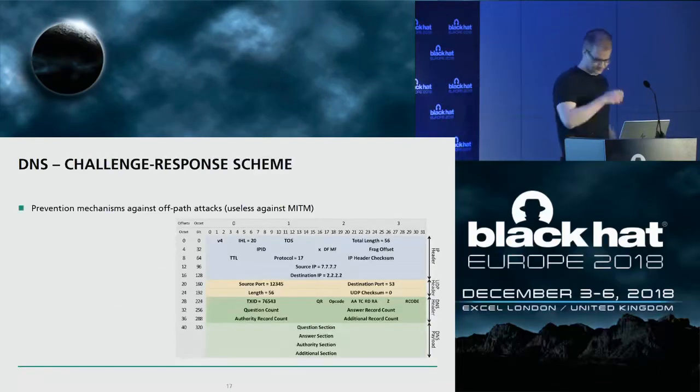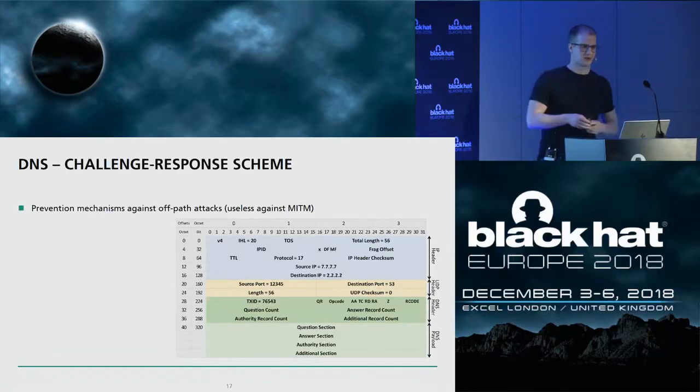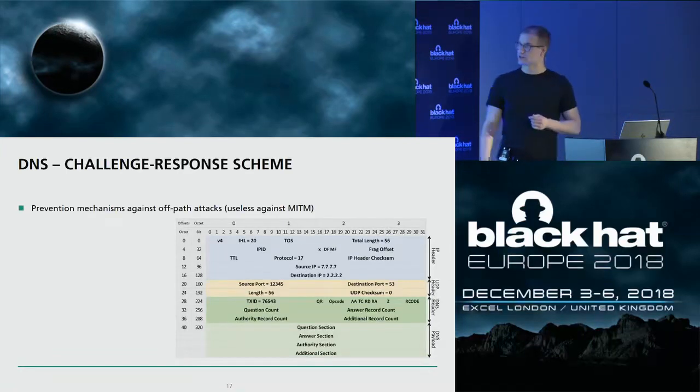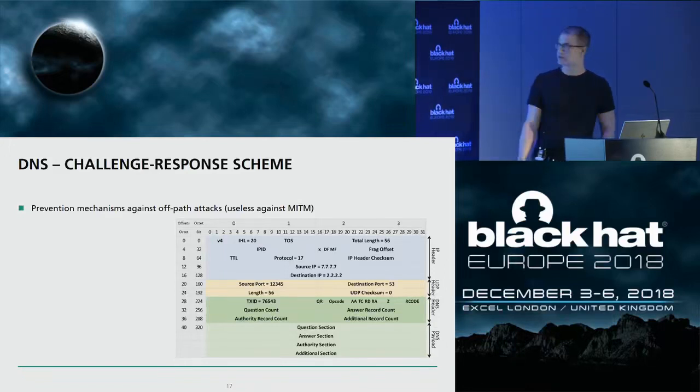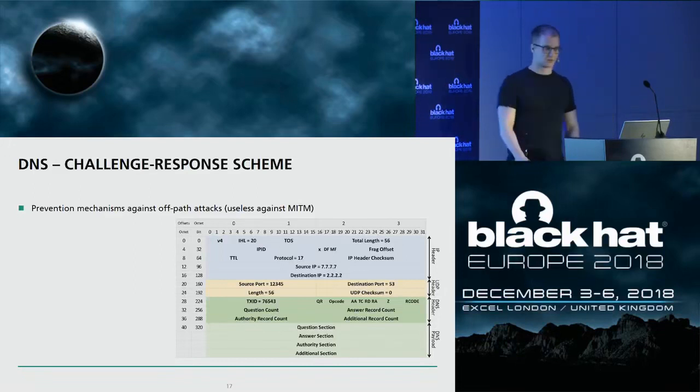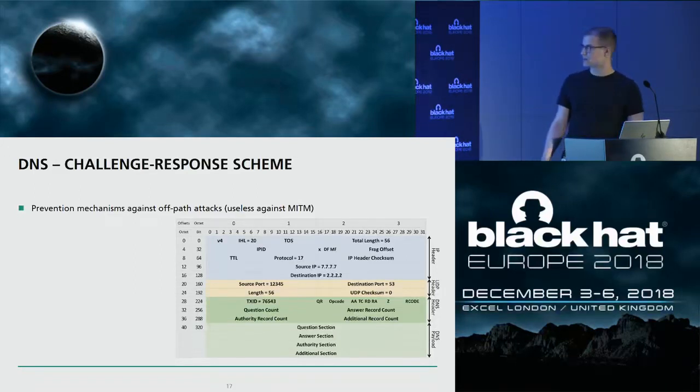To prevent that, there's a challenge response mechanism built into DNS, which is meant to provide security against off-path attacks and is useless against man-in-the-middle. So what we see here is a DNS message on the wire.